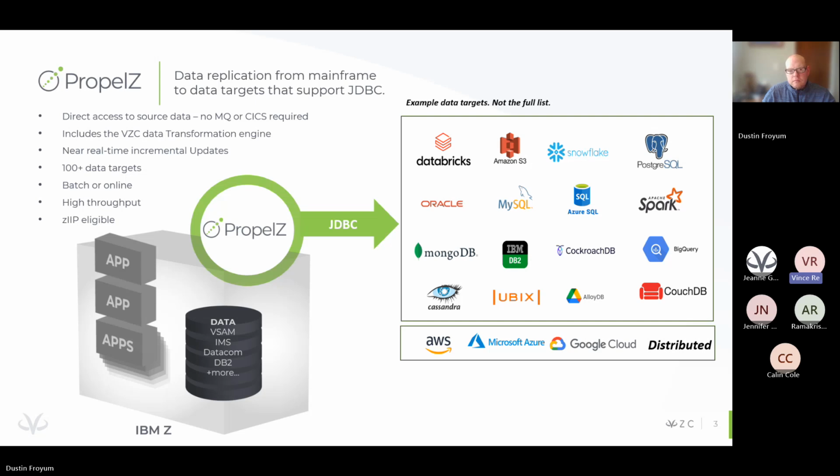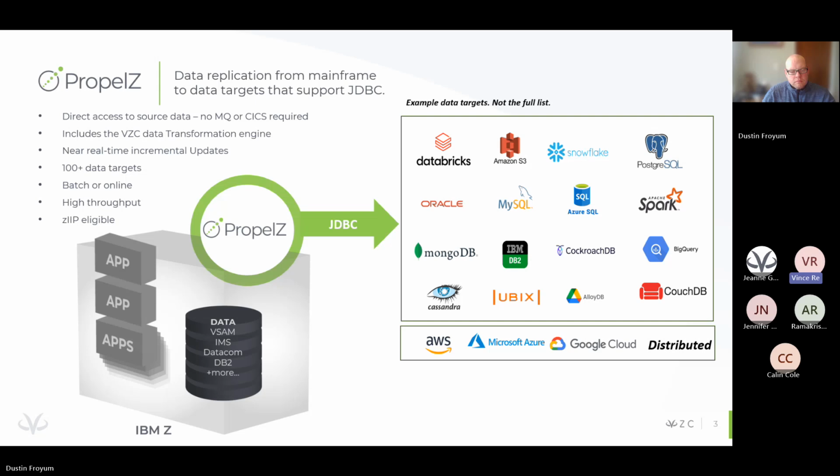That's assumed to be knowledge of the application that reads and writes these files. With PropelZ, we give you a very easy no-code way of giving us metadata, which really is nothing more than something like a COBOL copybook that describes the records that you want to work with.